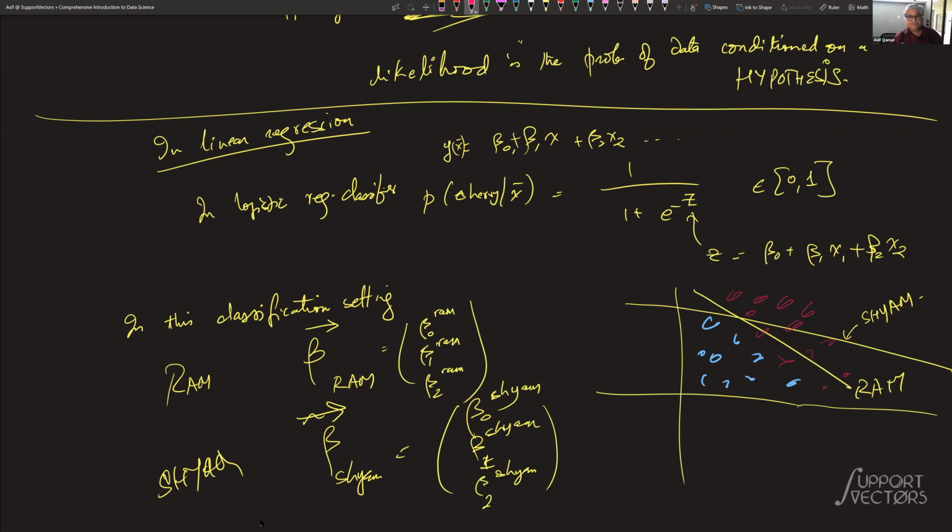For the same data, there are two different hypotheses of the decision boundary, right? Now the question is, who is right? Which of the two hypotheses is more likely to be right in view of the data? When you visually look at the data, it's clear that Ram is doing better, isn't it? But how do we now quantify it?